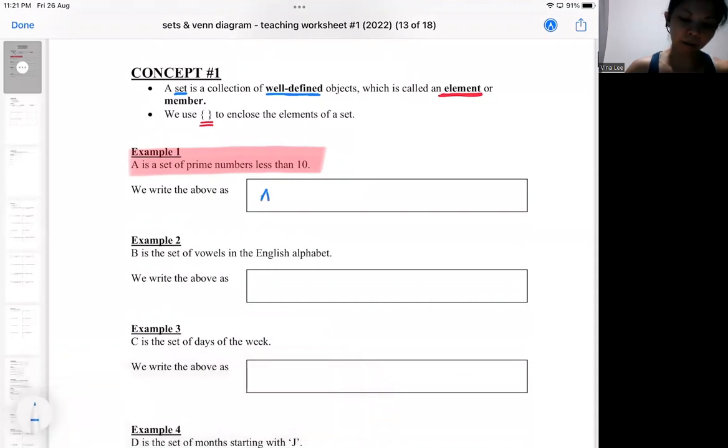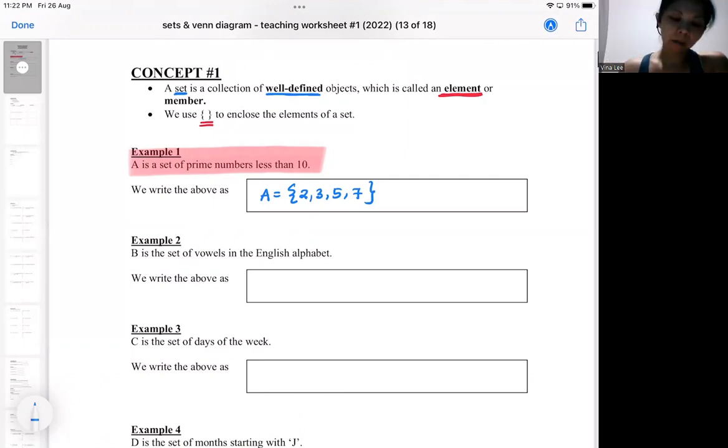We express it in curly brackets. That is the house of elements. The prime numbers are 2, 3, 5, 7. These are the elements that are less than 10. Based on the description, we come out with the elements.